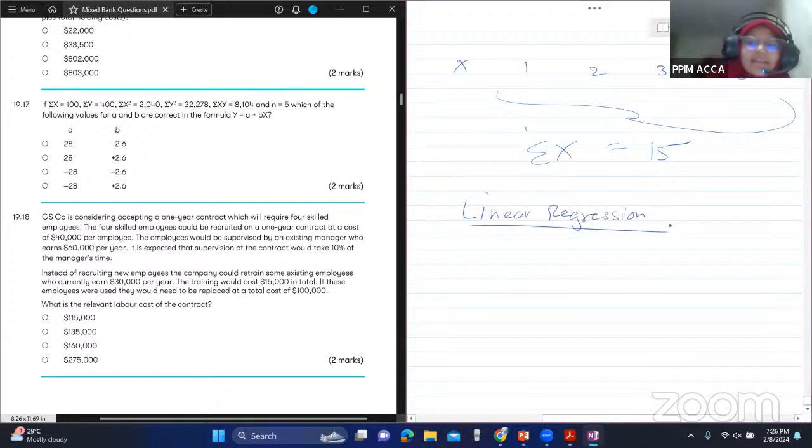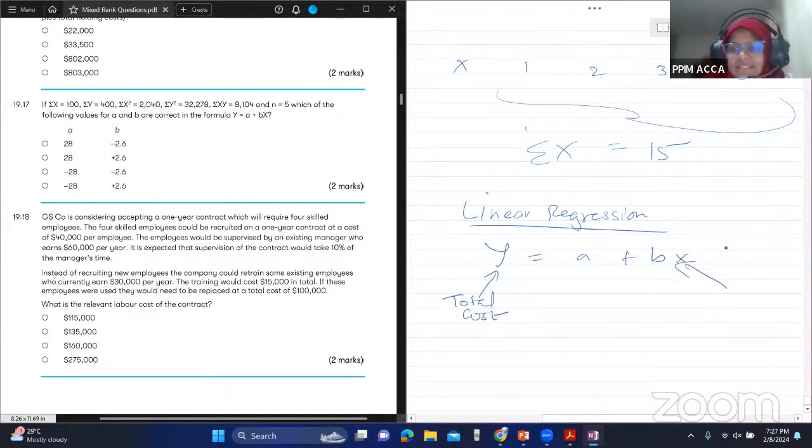Okay, linear regression. To explain what this technique actually does, let's assume that y equals a plus bx. Y is the total cost, and x, let's say, is the output. Let's say, for example, we are manufacturing discs.